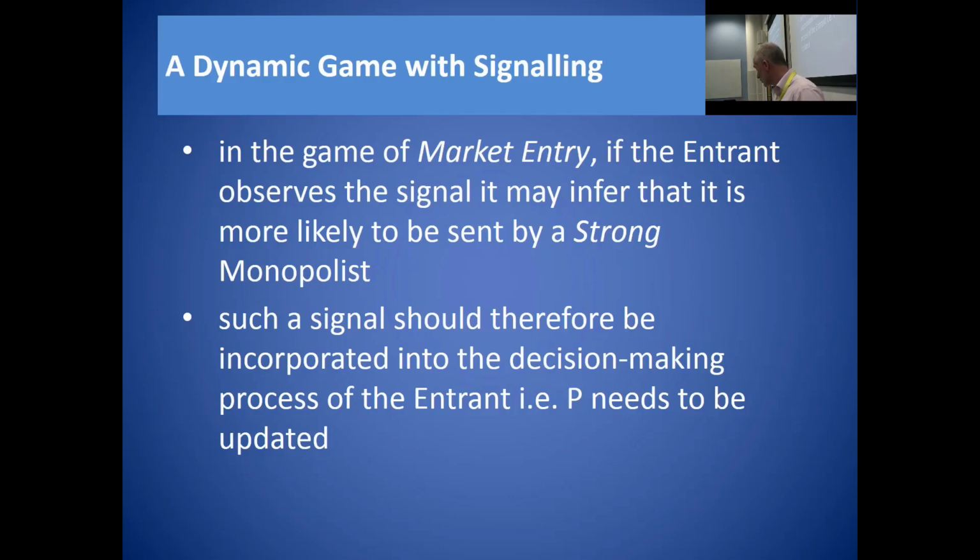And that, by extension, affects what the entrant will do. So if the signal is received, that value of P needs to be updated. And that's what this next part is going to be about: how is that value of P updated.